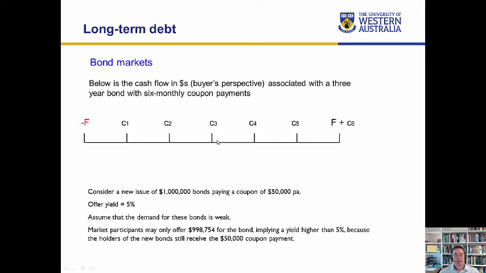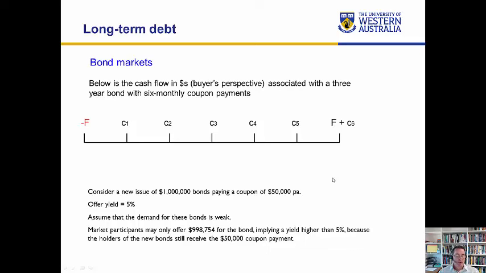So over the next 2 years, $50,000 is paid each year, and then when the bond expires at the end of 3 years, the final coupon payment of $25,000 is paid to the buyer of the bond, and the buyer of the bond will also receive their $1 million back.